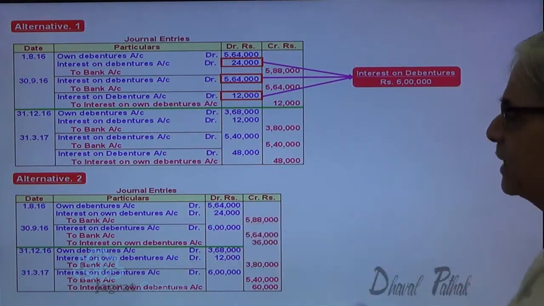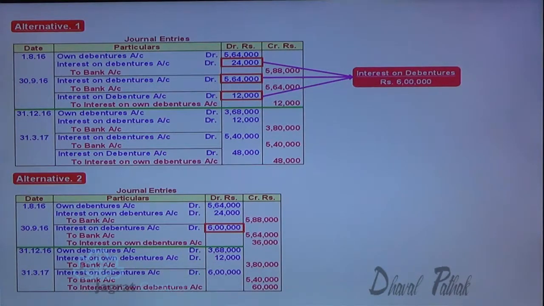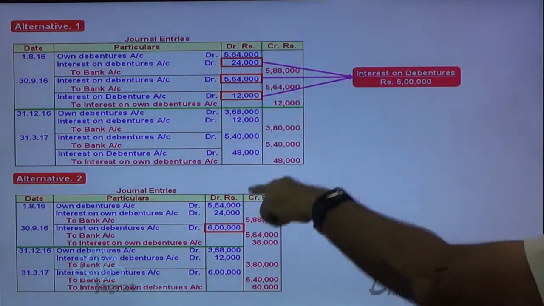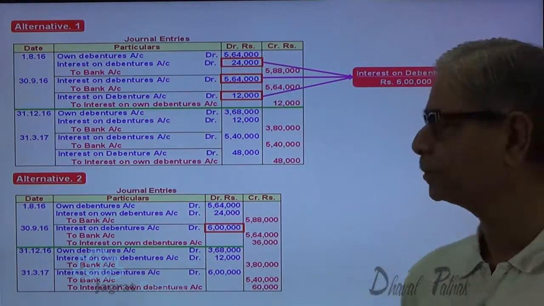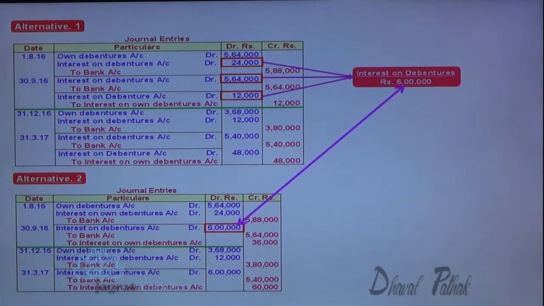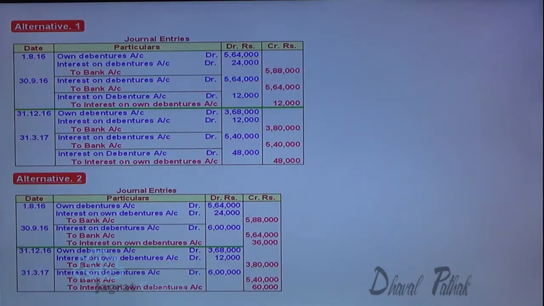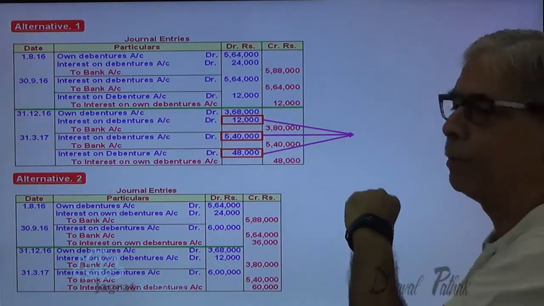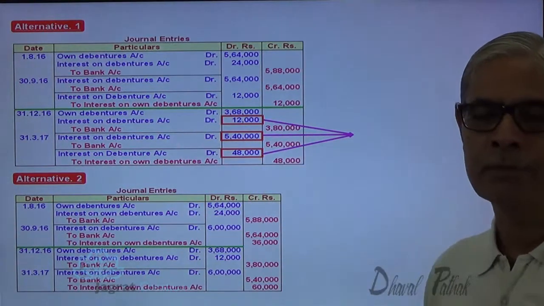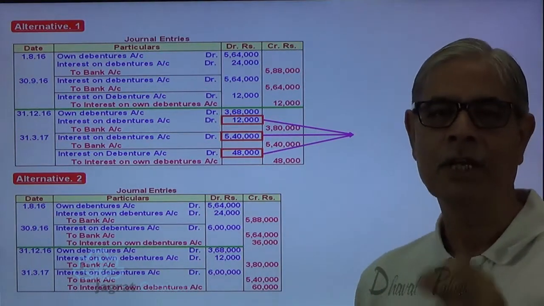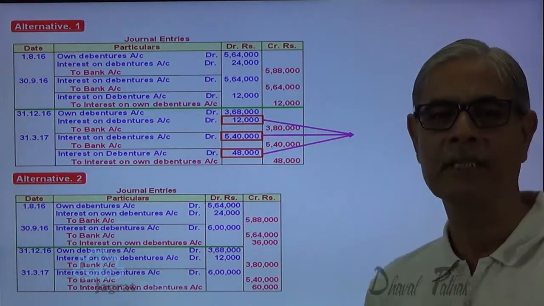And it is the same as the 6 lakhs over here. This 6 lakhs and 6 lakhs, so the total amount debited to debenture interest account under both systems is 6 lakhs. Notice it. It is the same. Now in the same way, in the second half year, amount debited to debenture interest account 12,000, paid at the time of purchase of investment, this is paid to outsiders, and this is the interest on own debenture recoverable from the company itself.